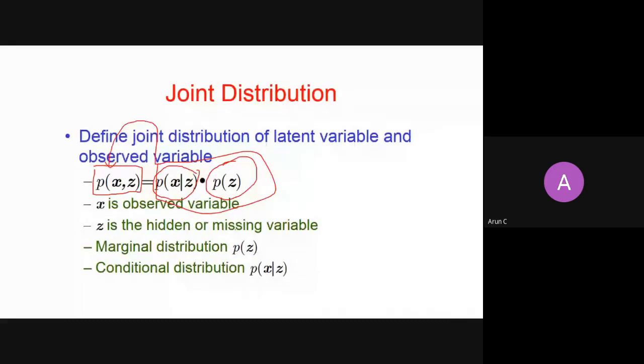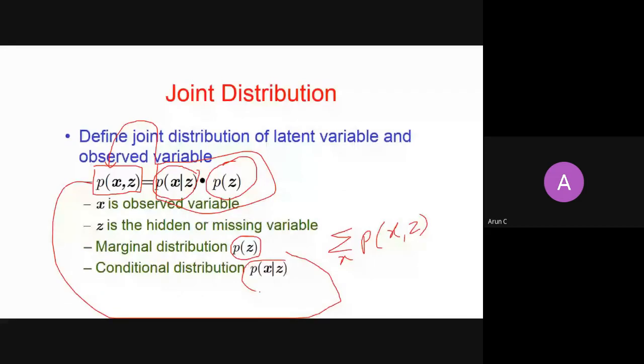And z is the probability of seeing the cluster. If you take this joint probability distribution and sum over x, you will get the probability of z, right? So it's a marginalized distribution, and the other is a conditional distribution.